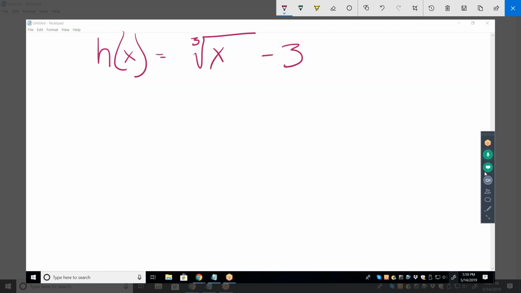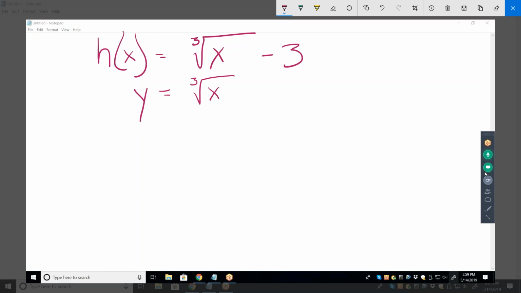What's the formula for finding the inverse function? In other words, how do you find inverse functions? It's 2 steps, okay? It's actually 3 steps, because instead of h of x, I'm going to say y.